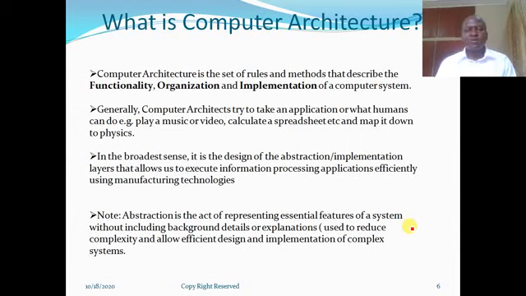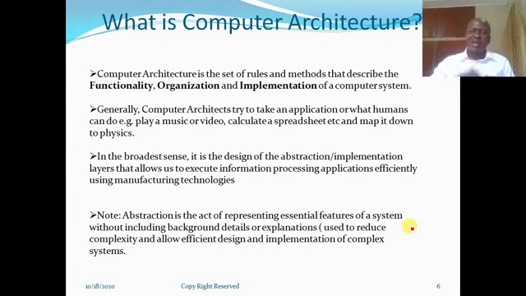So basically, what computer architecture as a discipline intends to do is to bridge the very wide gap between the application that computer users intend to do and link it up to what the physics can do.